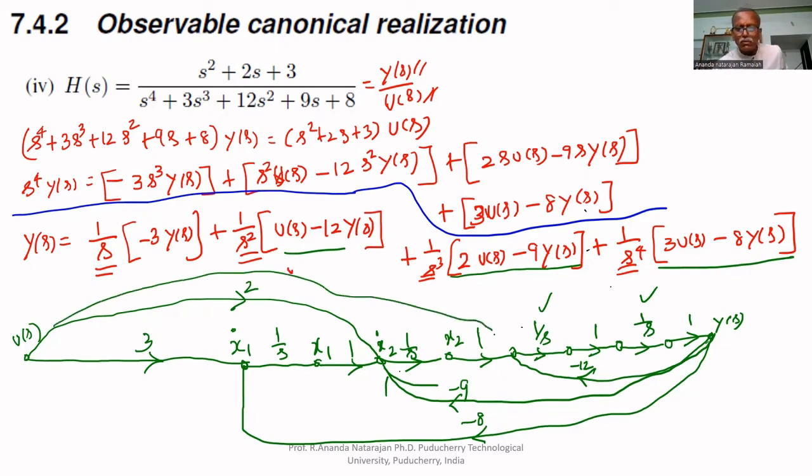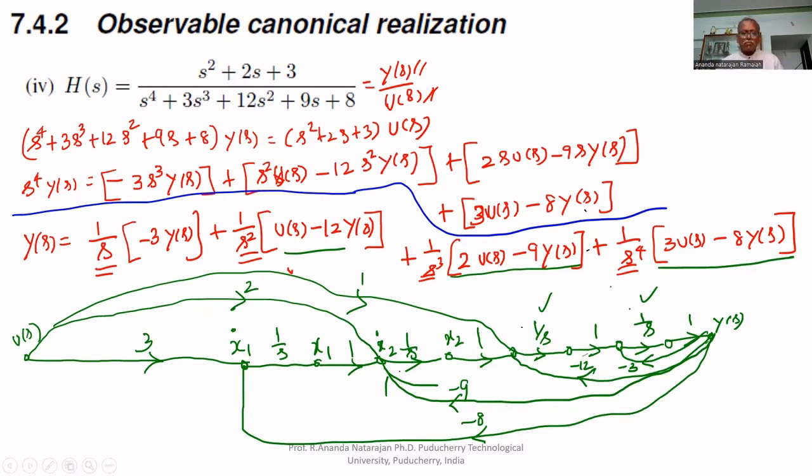This loop has 2 integrators with gain 12. This forward part has 2 integrators with gain unity. Third one is only y minus 3 times. That's all. Over.